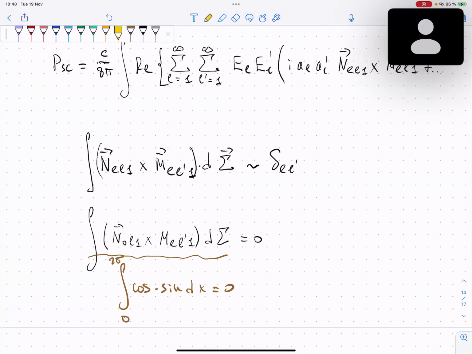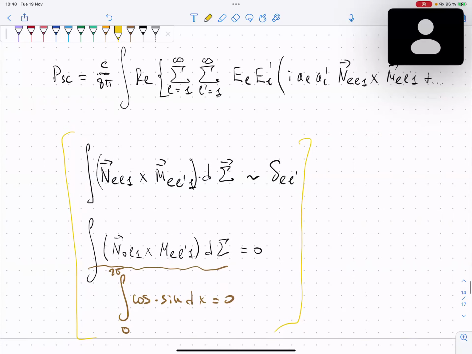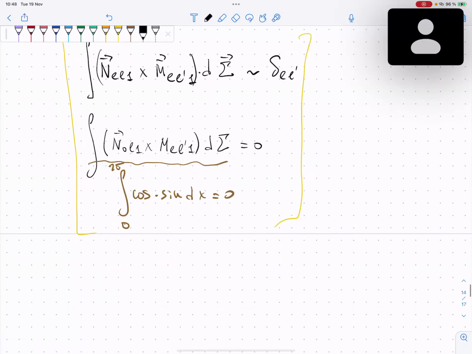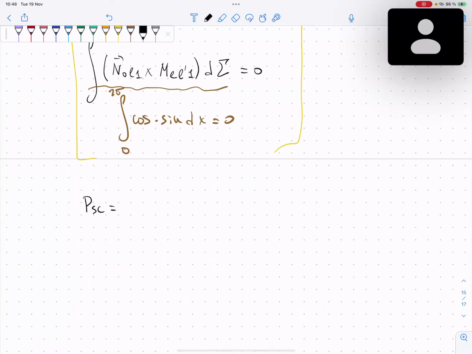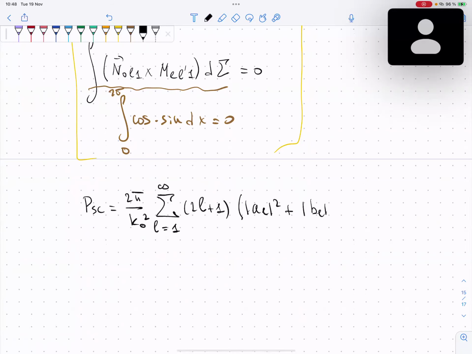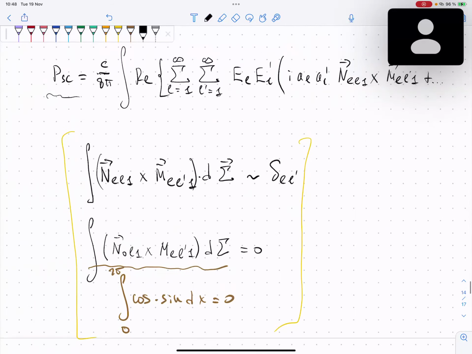And basically, because of this, like another form of orthogonality relations, we can express scattered power in the end. If you rigorously calculate all of these integrals, we will get that the scattered power will have the following expression: sum from L equals 1 to infinity of 2L plus 1 times the square modulus of A_L plus the square modulus of B_L.